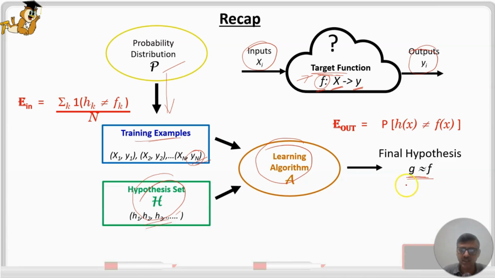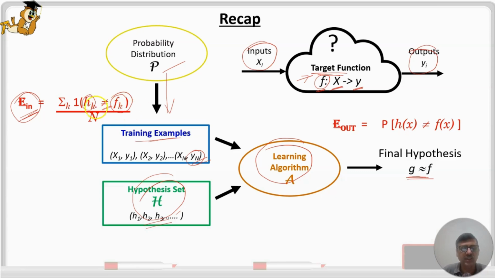To define this idea a little more mathematically, we defined two more quantities. We defined a quantity Ein, which is the in-sample error, and the in-sample error is defined for any hypothesis H. The in-sample error Ein is basically the ratio of the number of points where the output of the selected hypothesis does not match the output of the target function.